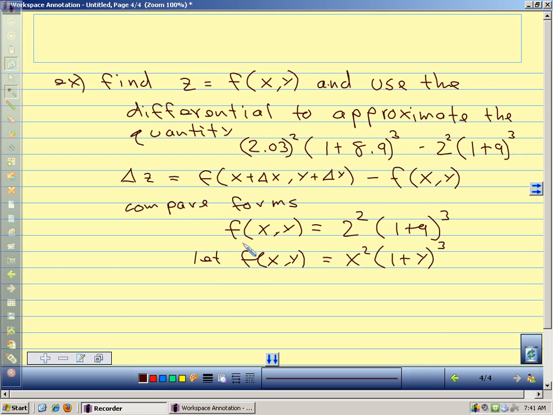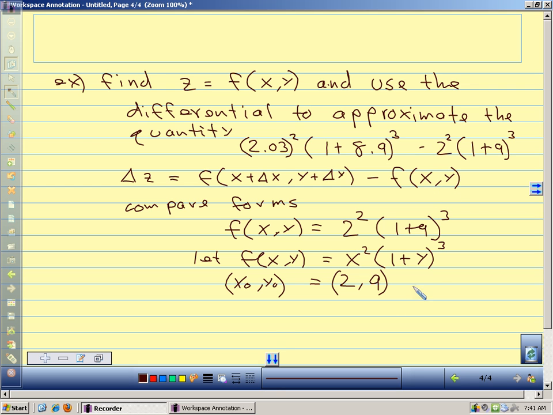And our x0, y0, our initial point from this, is 2, 9. Just comparing what we have here to this, we decided this is going to be our function at some point. So this is our point based on our choice.